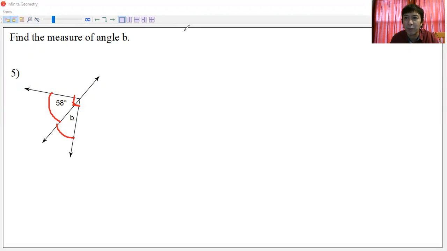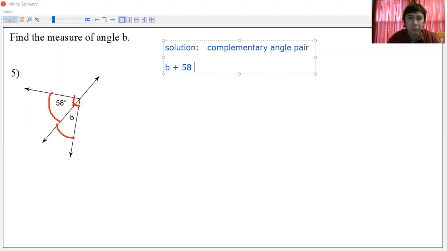So we can set up our solution. Complementary angles. Our working equation will be B plus 58 must be equal to 90 degrees.